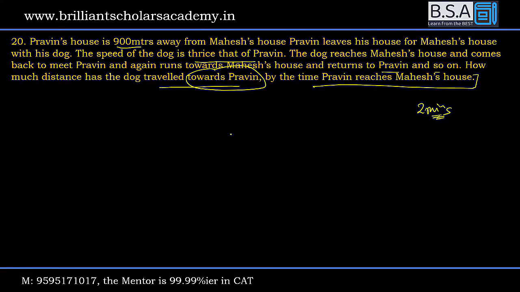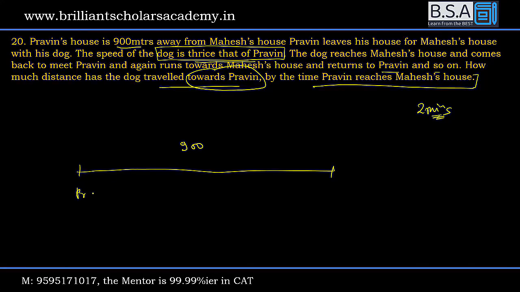See, in the last question here, because it says the speed of the dog is thrice of Praveen, we have proven this, that if the total distance is 900 meters, Praveen will be able to come to midpoint.